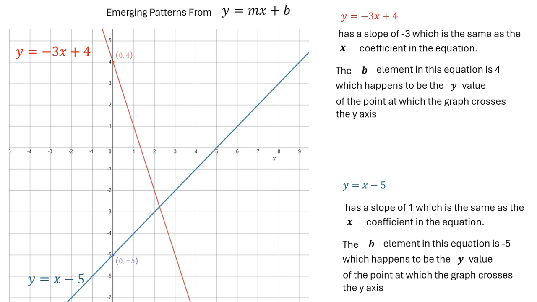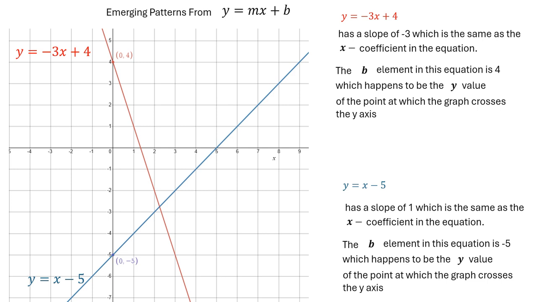Let's take a look at our equation y equals -3x plus 4. Earlier on, we established that the slope for this equation was -3. And once again, look at the x coefficient of this equation. It's -3. Again, no coincidence. In fact, we can state that as a bit of a rule.